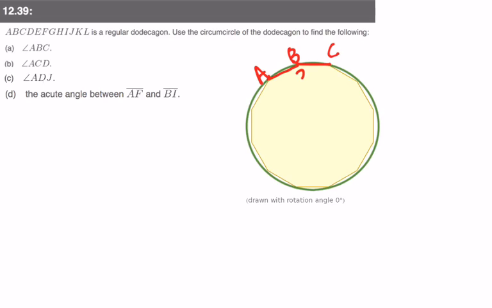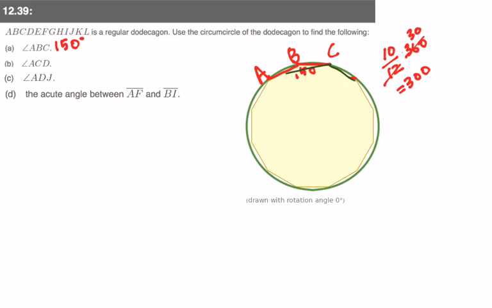How much is it opposing? We have 2 sides covering ABC, while 10 sides of the dodecagon cover the rest of the circle. That basically means 10 out of 12 of 360. Then we get 300 is what we're looking for. Since it's 300, angle ABC would have been 150, half of that.